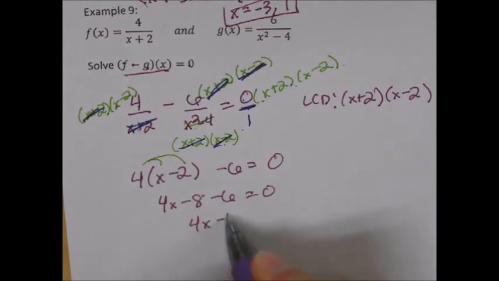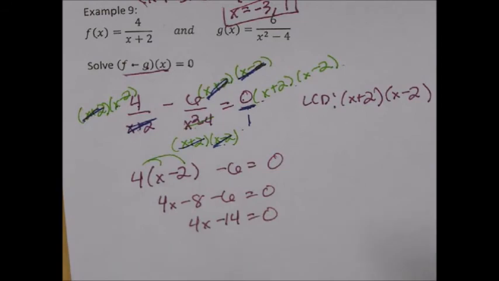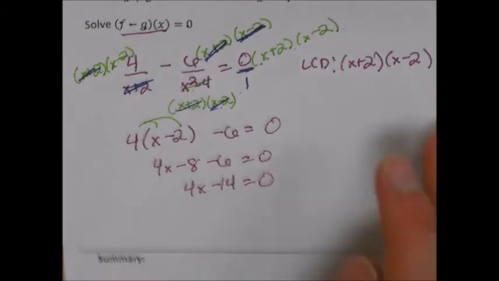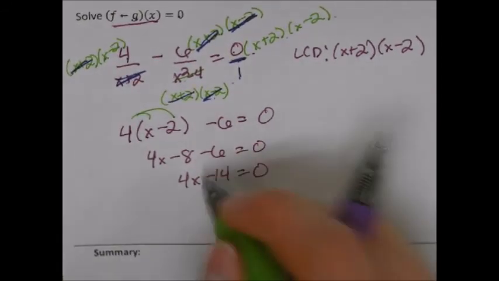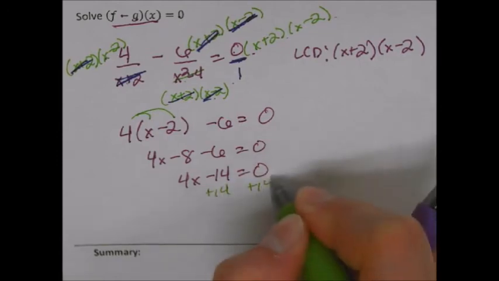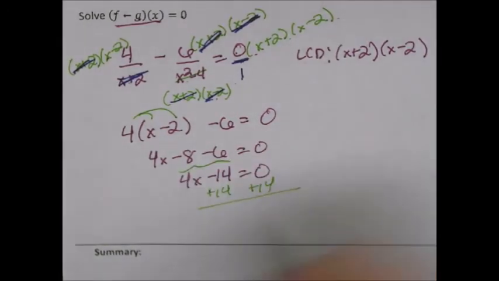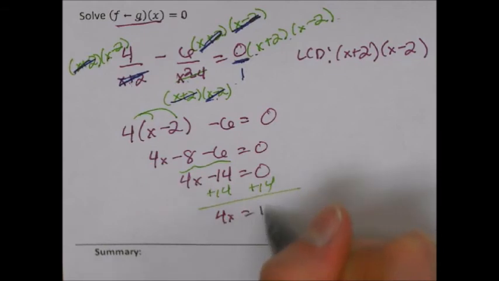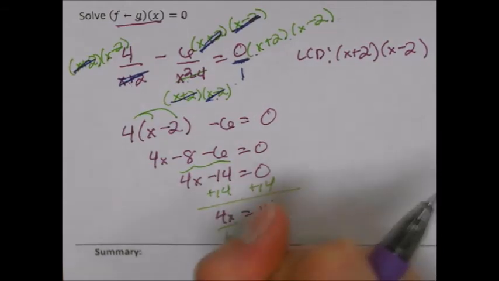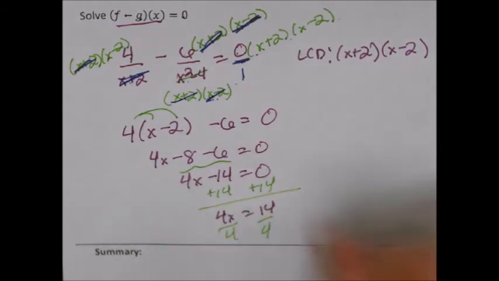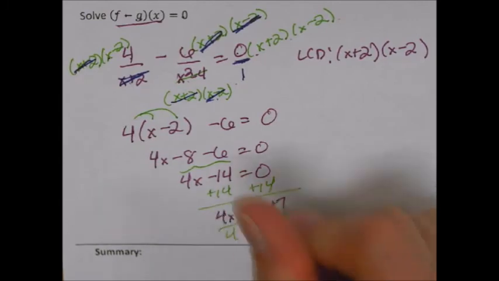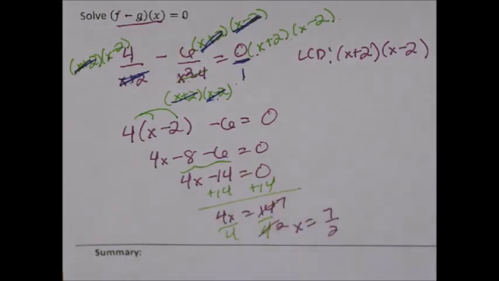Combine like terms. Add your 14 over. Divide by 4. X equals 7 over 2.